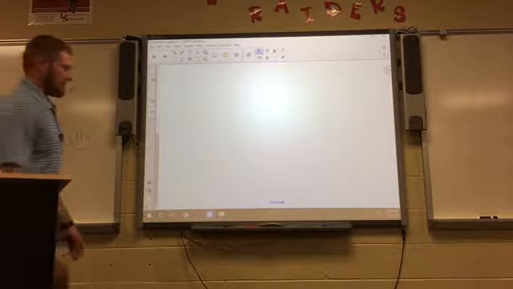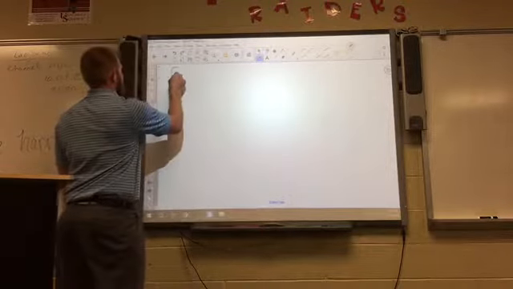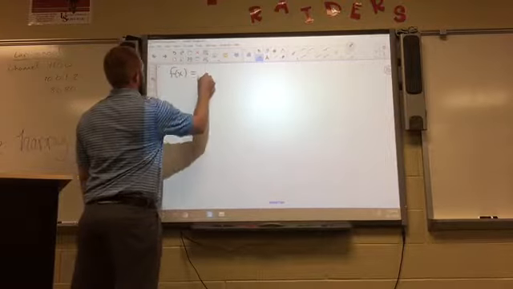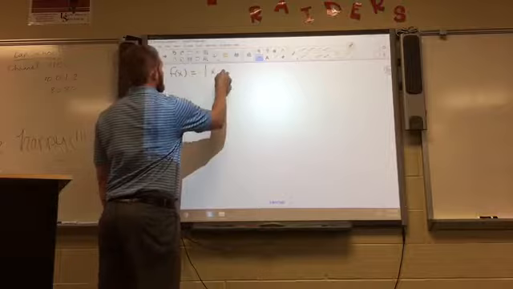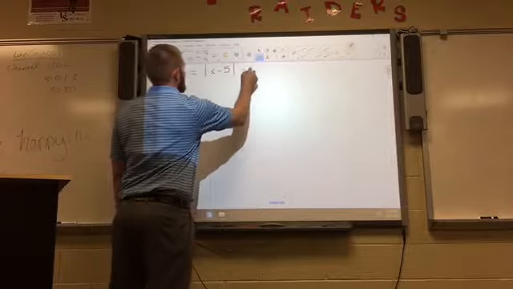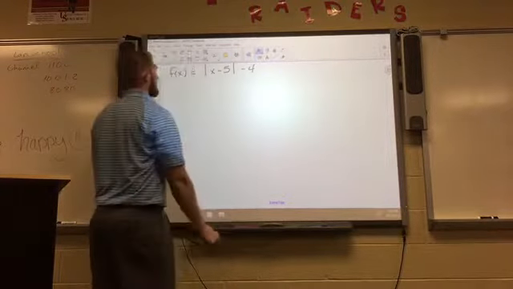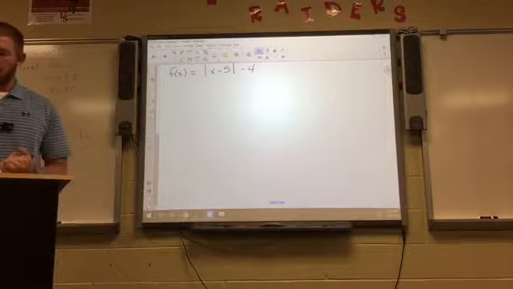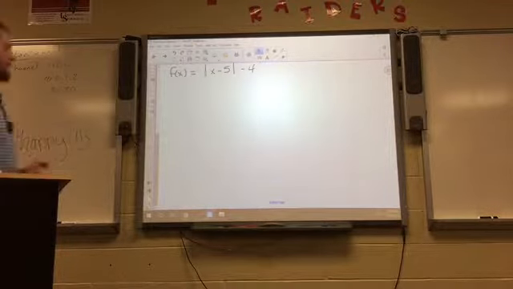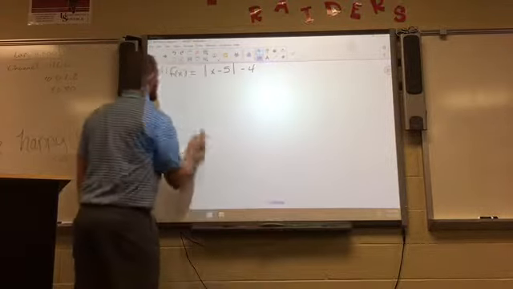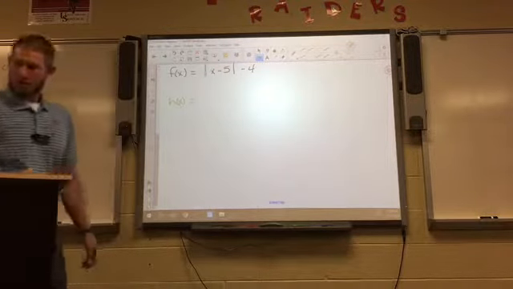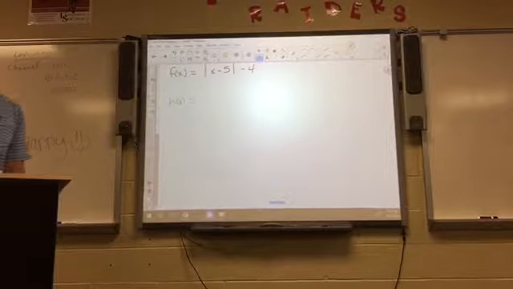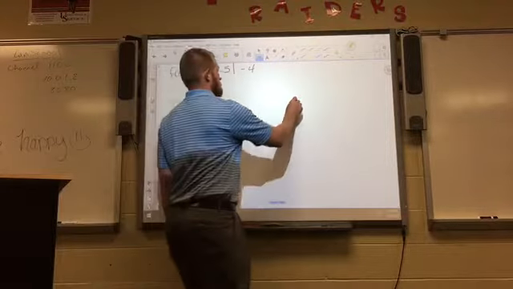So they give me my original function as f of x equals the absolute value of x minus 5, minus 4. Okay, so here's my starting function. They want me to write a function h, which is a reflection in the x-axis.